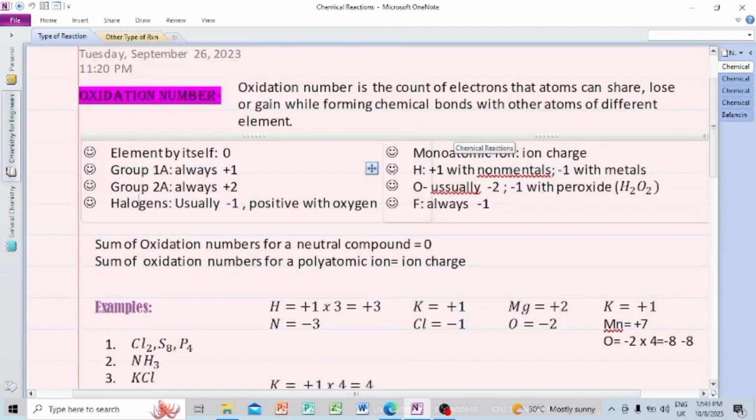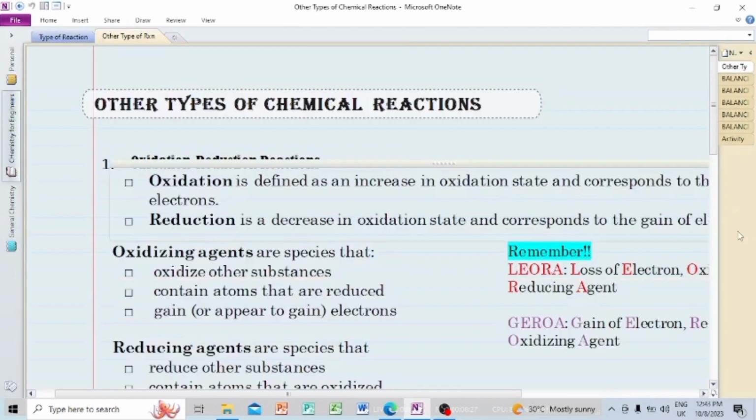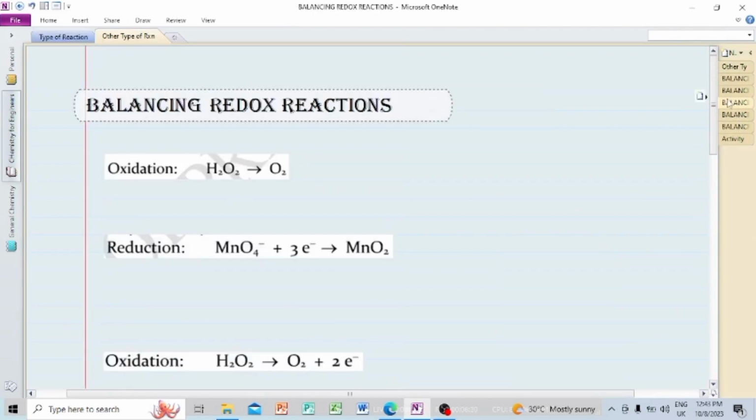For hydrogen peroxide, the oxidation number of oxygen is negative 1.